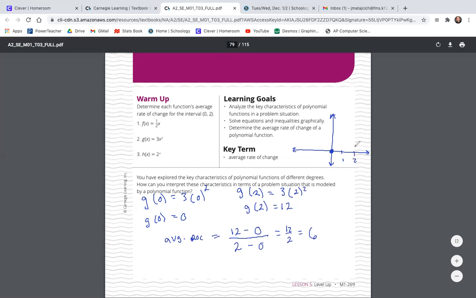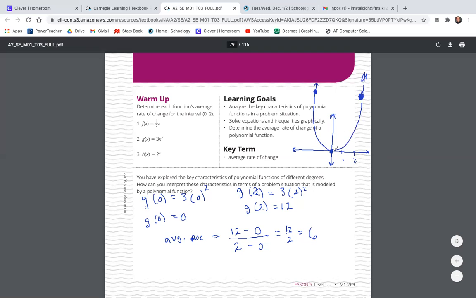When I plugged in 2 to this function, the function spit out a 12. So I go look all the way up here to 12. And this is a quadratic, so it's going to reflect and be on this side as well. So that's pretty well what the function looks like. Just pretend I went through 12 right there.